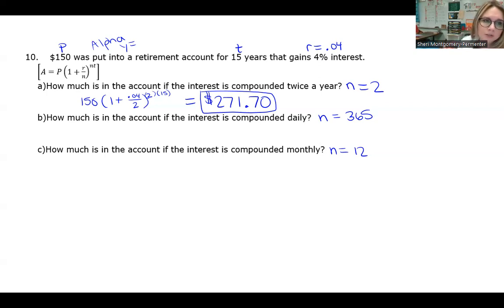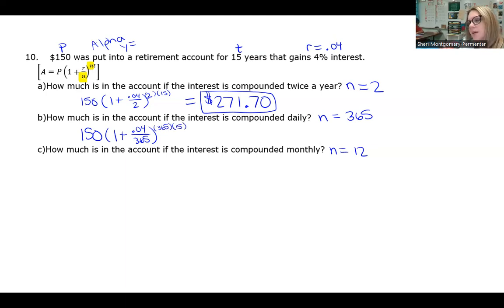The second part, there's only 2 things that change. The equation is exactly the same. It's the n part. So the equation, we could write it exactly the same. It's just the n that will change. And I'm going to go ahead and write it out for part C as well.